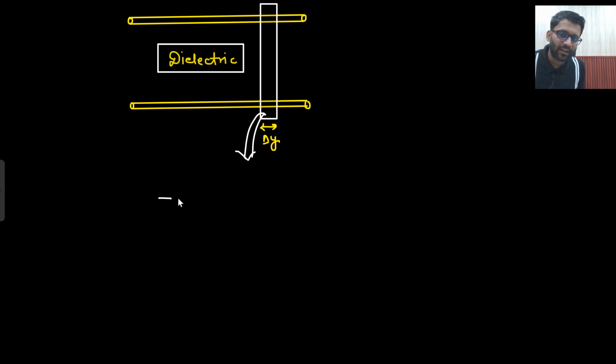So what that would be? RLGC. So it will have R. Now in this small portion it will have resistance equals to R into delta y. Why is that so? Because R is your ohm per meter. In delta y, how much resistance will be there? R into delta y. In delta y, how much inductance will be there? L into delta y.